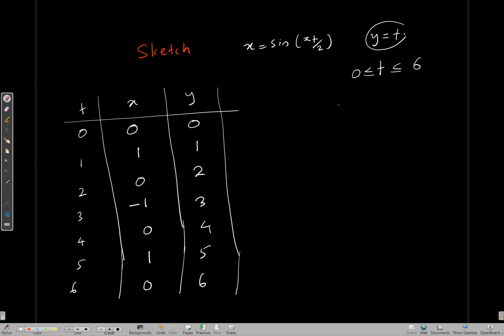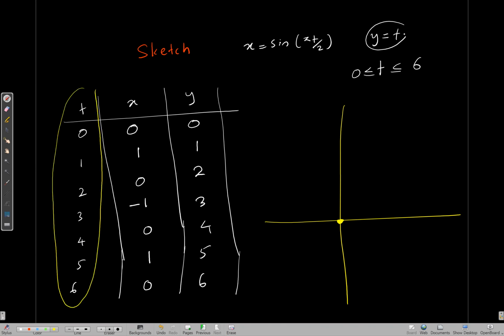So if we draw this, let's say 0, 0, and then 1, comma 1. See, this t is just a third variable, and we are not drawing that. That is just to help us. We are actually drawing it in the xy plane, because these are plane curves.